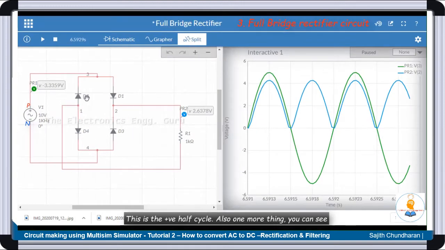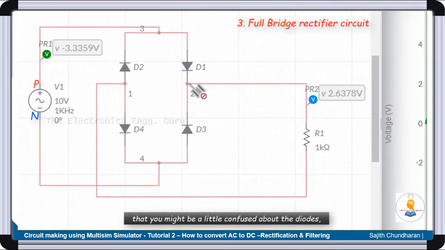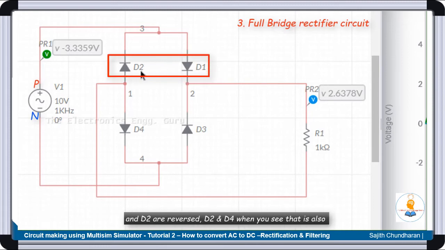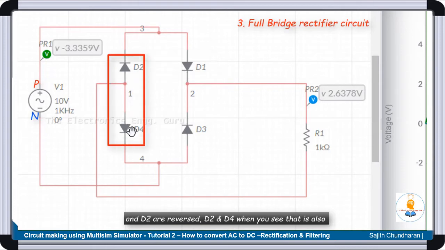One more thing, you might be a little confused about how the diodes are placed here. To make it very simple, let us put it this way. We have 4 diodes, D1, D2, D3 and D4. Let us keep the right hand side diode looking down, and all others with respect to that: the diodes nearer to it, let us reverse them. So you can see that D1 and D2 are reversed from D2, and D4 is also reversed.